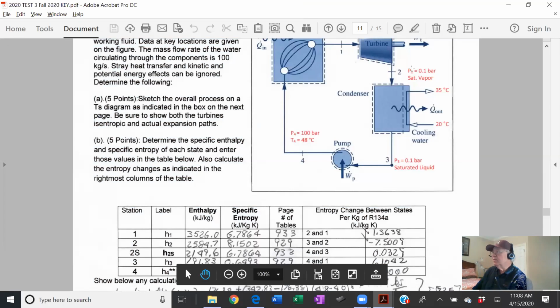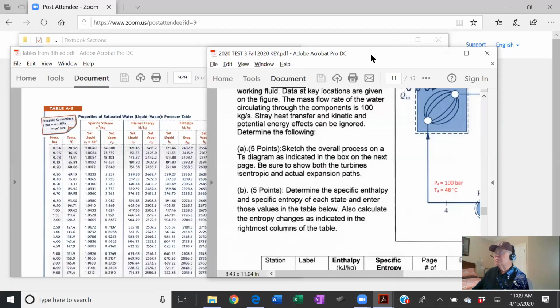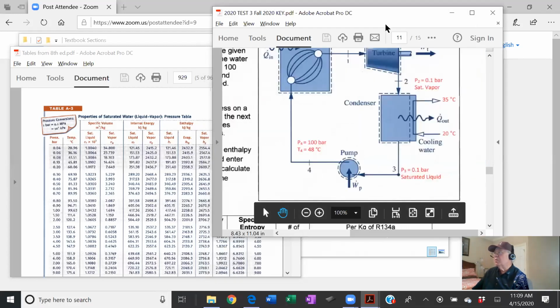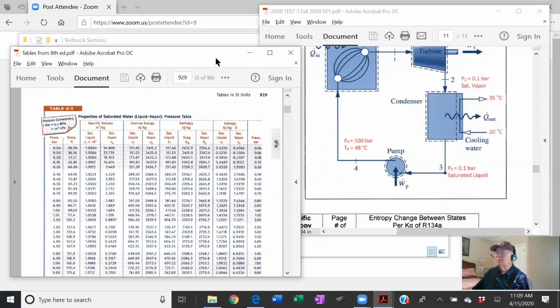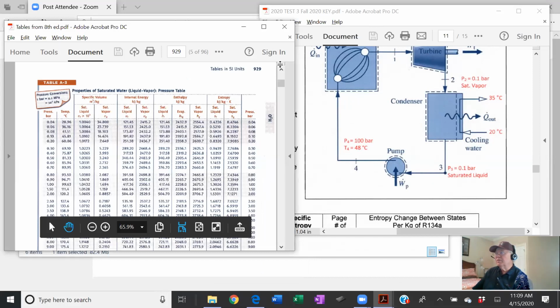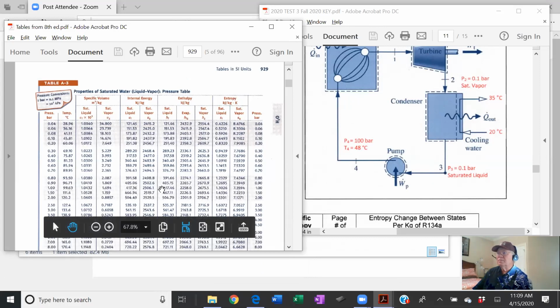So state 2 was 0.1 bar in saturated vapor. All right, here's 0.1 bar.